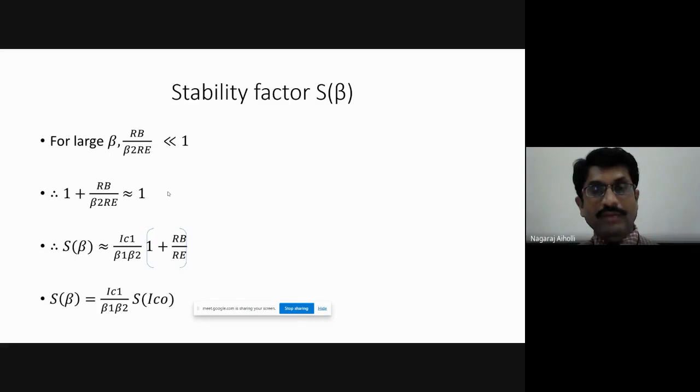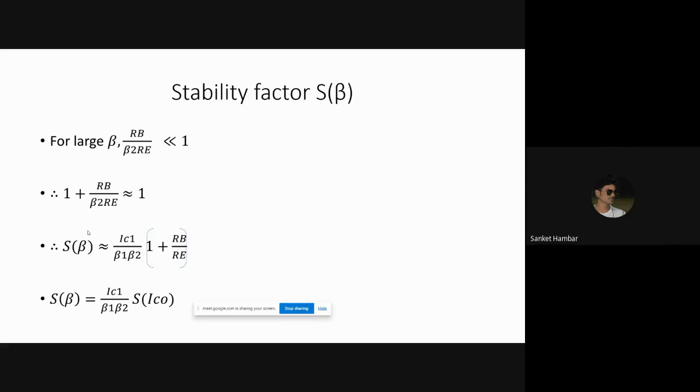What should be 1 plus RB by RE? Should it be small or more, less or more? Less, sir. It should be less.